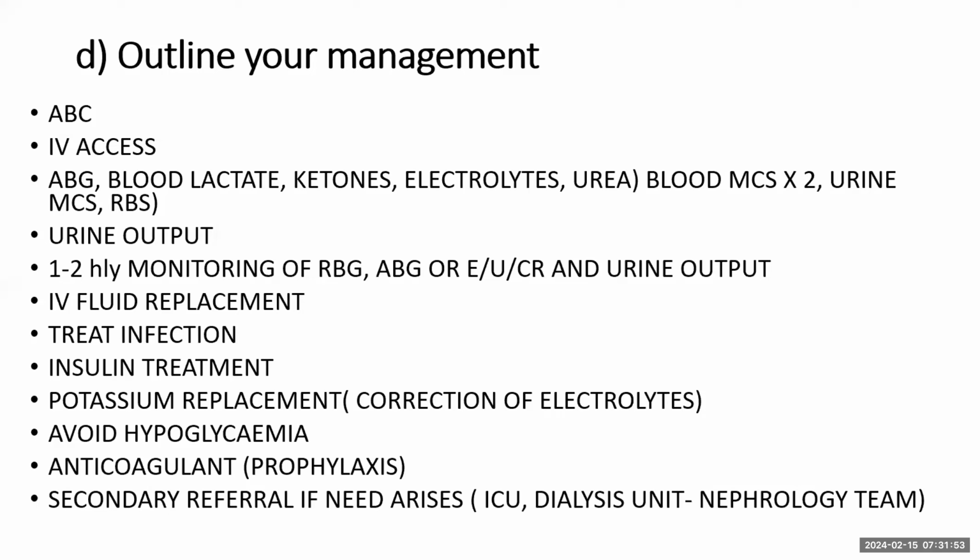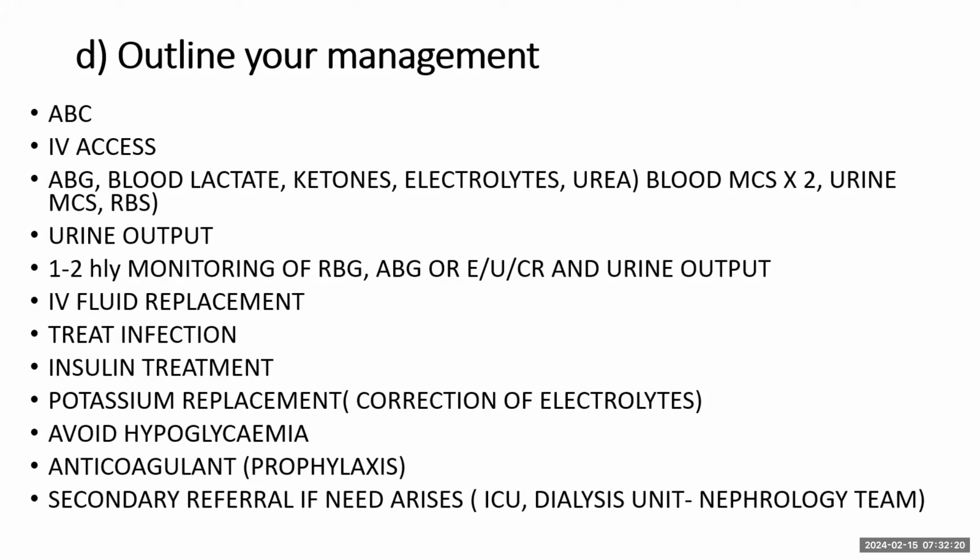Insulin treatment might also be required if, after adequate rehydration, we are still having a markedly elevated random blood sugar. Potassium replacement and correction of electrolytes is also an important aspect of management, but that is going to be guided by the hourly monitoring of the potassium. I will also talk about that subsequently, how we do potassium replacement.